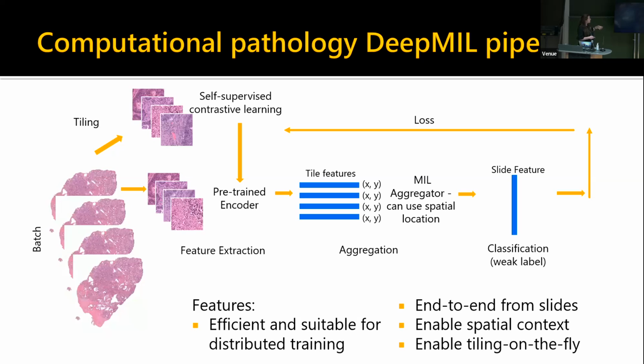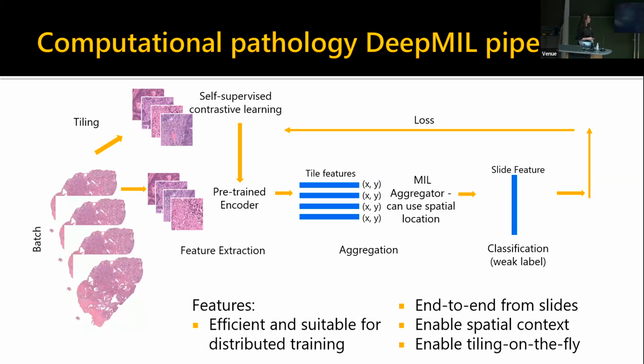Once you have features for each of the tiles, usually you're interested in aggregating these features. There is a variety of possibilities here in how you want to aggregate the features to obtain your slide feature. And also here we implemented different methods. And finally, what I want to stress is this pipeline is fully fine-tunable.